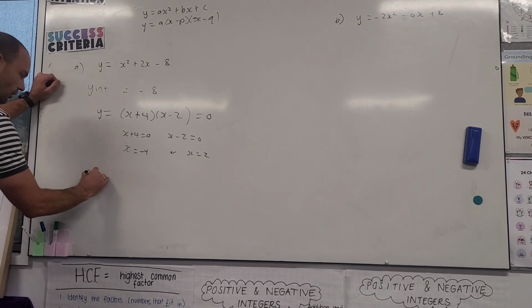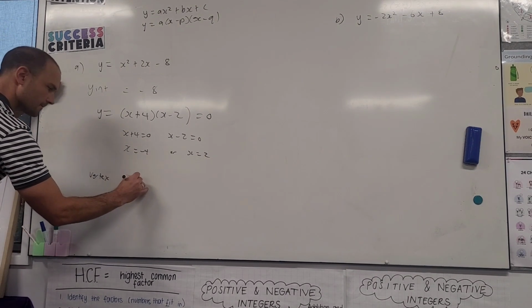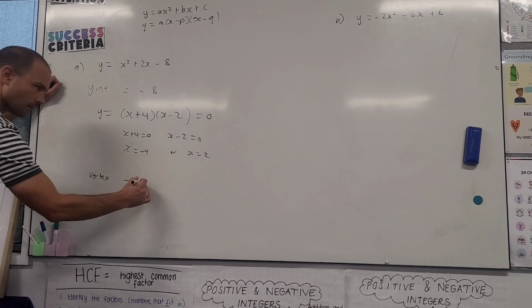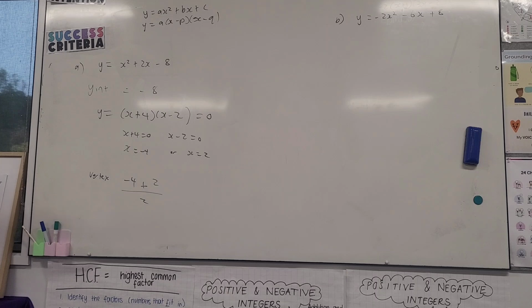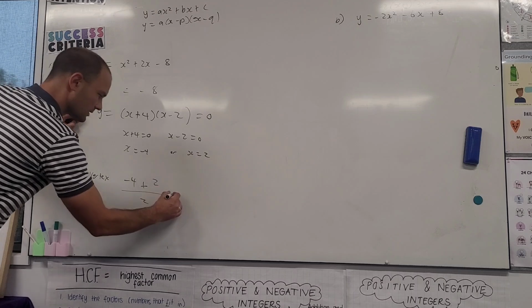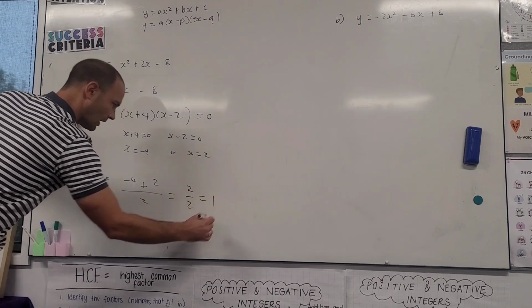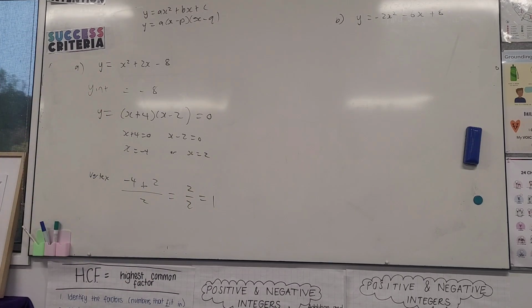So we can just go -4, the first root, plus the second root, divided by 2. -4 plus 2 is -2, divided by 2 is -1. The x value of the vertex is -1.